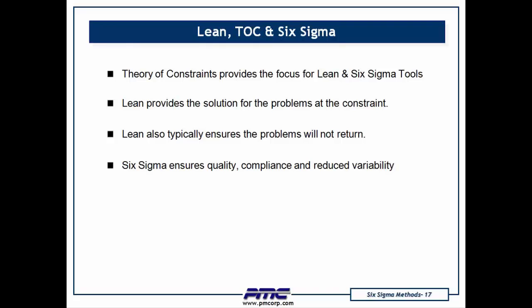And then Six Sigma ensures that the quality, compliance of the process, basically, and variation issues are addressed, right? So Six Sigma believes, again, just to sum it up, in having a good, rock solid, dependable, or reliable process. Six Sigma doesn't believe in inspection, right? Inspection can always miss the parts.